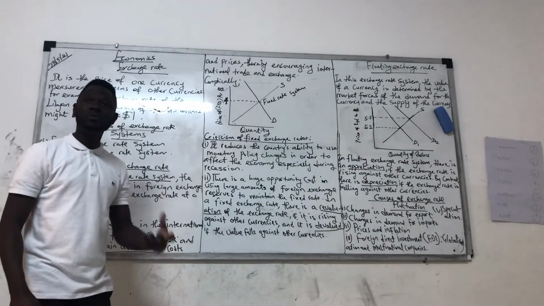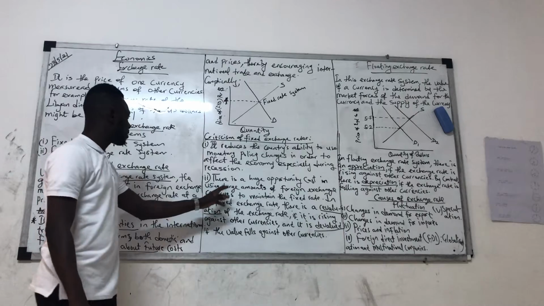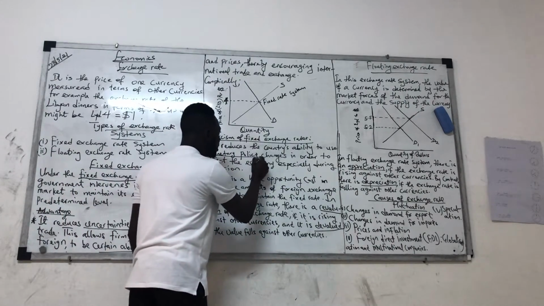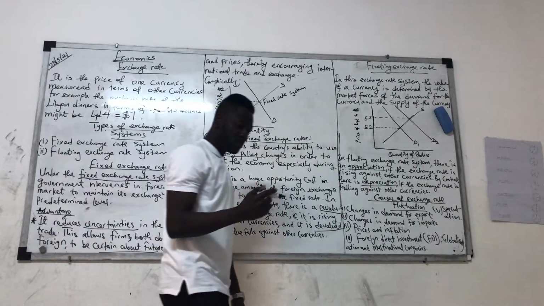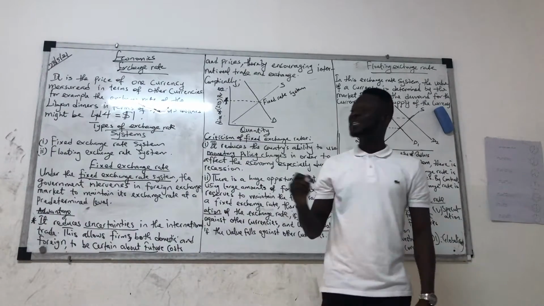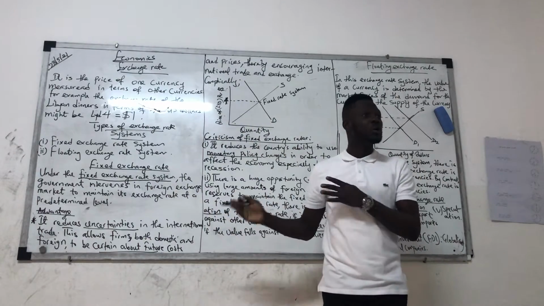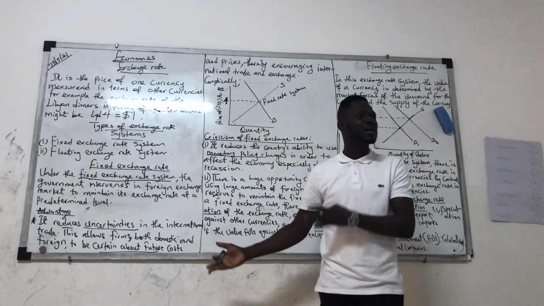But what are the problems we face when there's a fixed exchange rate in the country? Look at it. The first one. It reduces the country's ability to use monetary policy changes in order to affect the economy, especially during recession. So, one of the problems we have when there's a fixed exchange rate is that if the country is in recession, we know what recession is, right? A downward slope in economic activity.